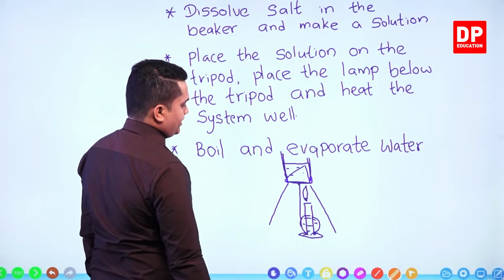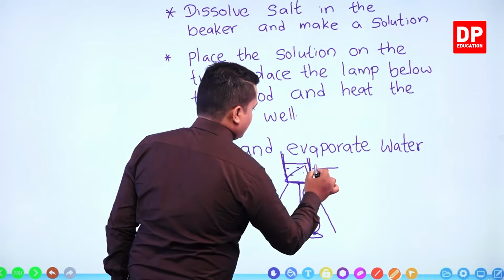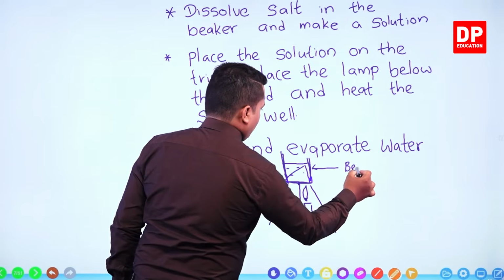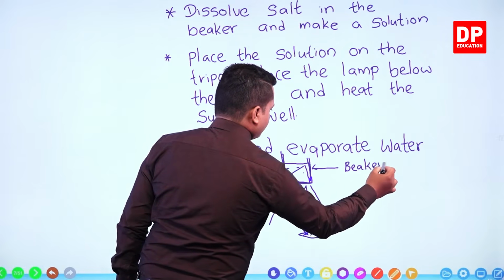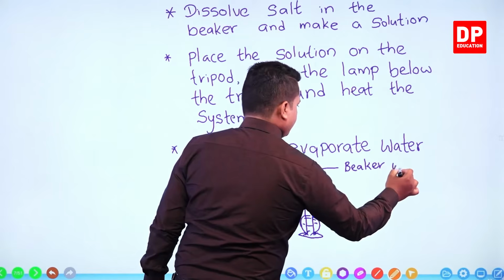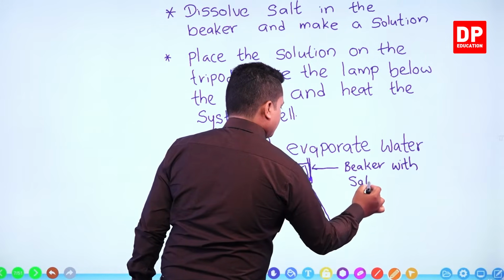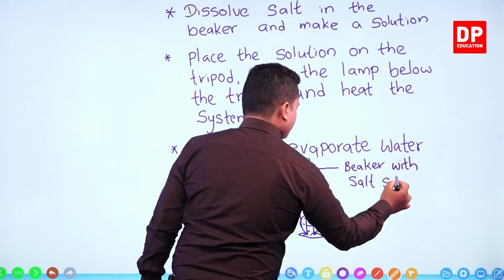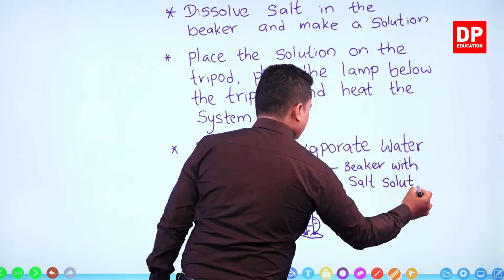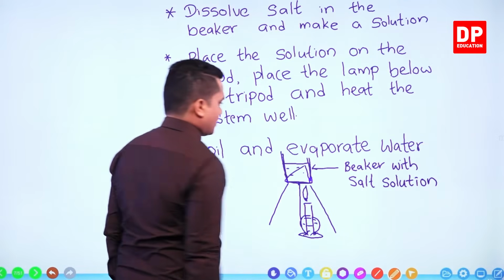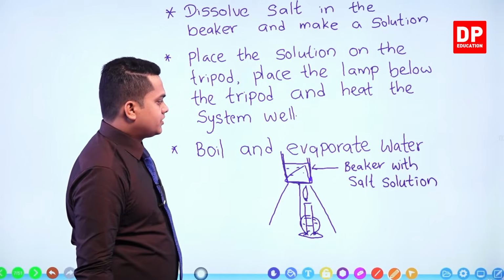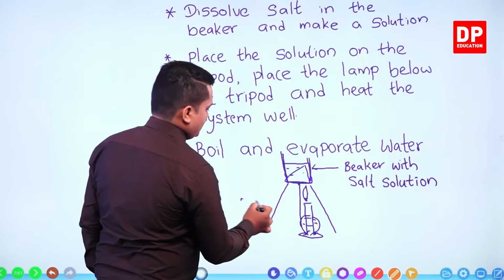Then we have to heat it up, right? So this is the beaker with salt solution. Then this is the tripod.